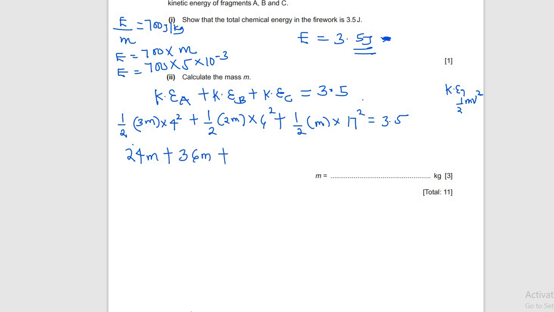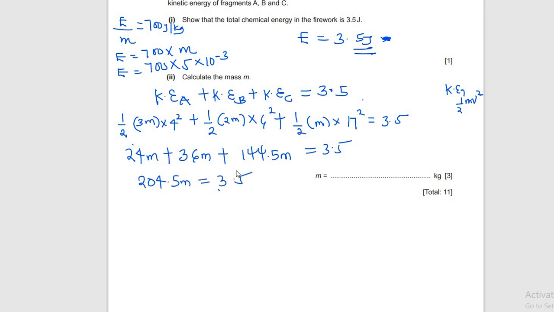Plus 17 squared, which is 289, divided by 2 is 144.5m. Adding them together, 144.5 plus 36 plus 24, we have 204.5m equal to 3.5.